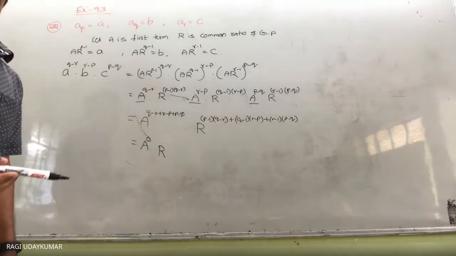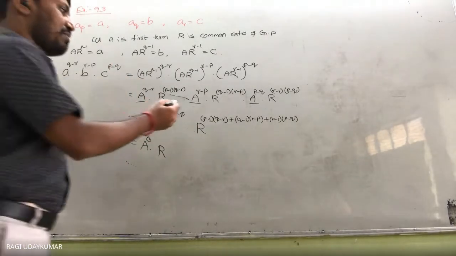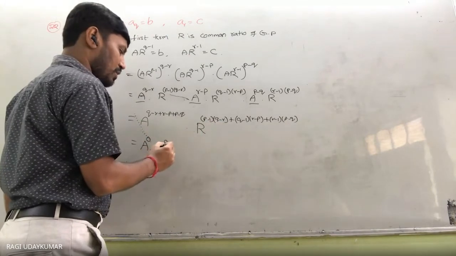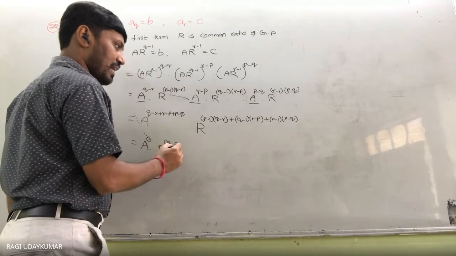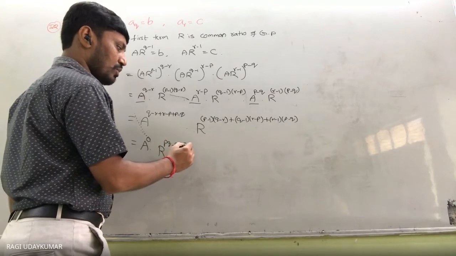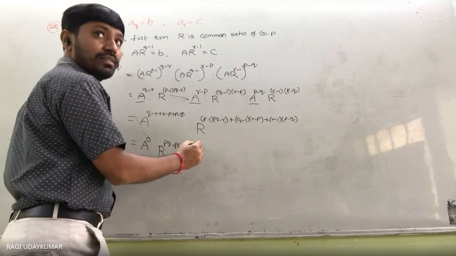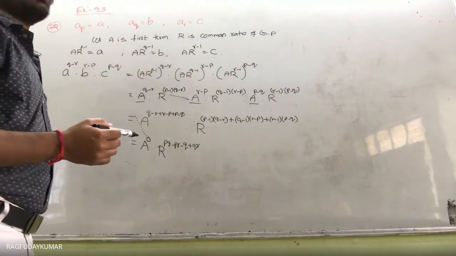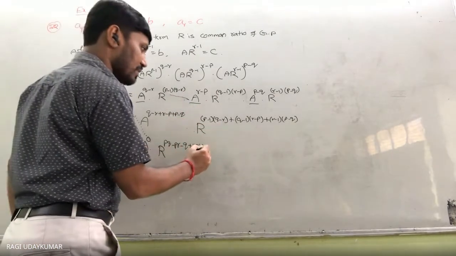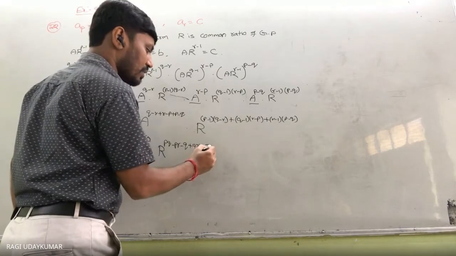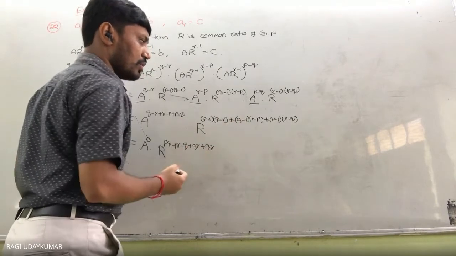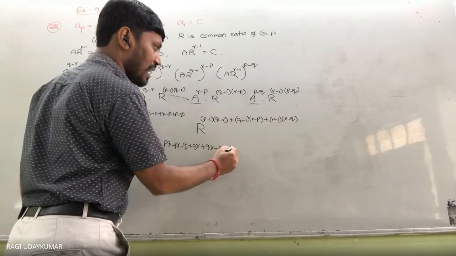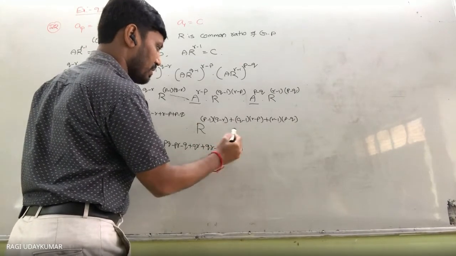आप मल्टीप्लाई करके देखो. If you are simplifying that, pq minus pr, okay, pq minus pr minus q plus qr, and you go on expanding like this. Okay. Next, plus qr minus pq minus r plus p.